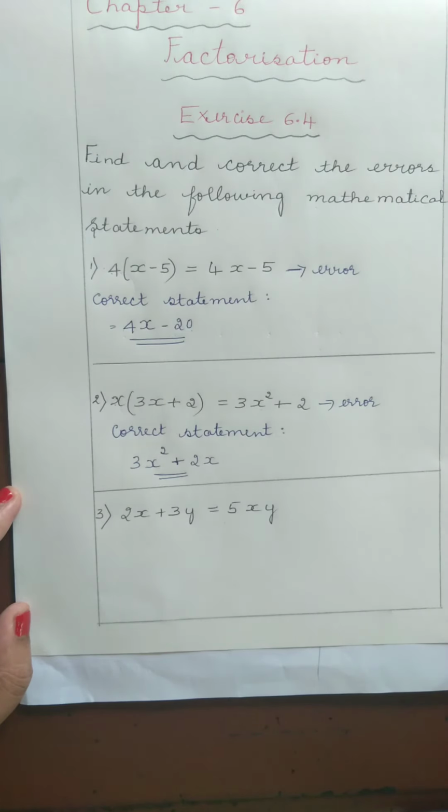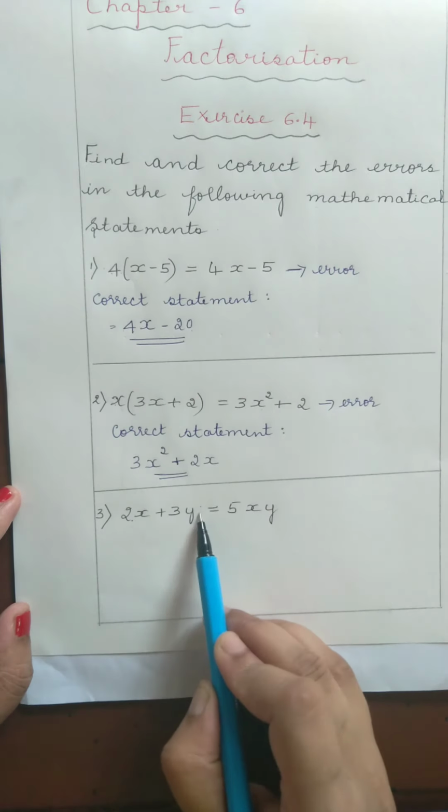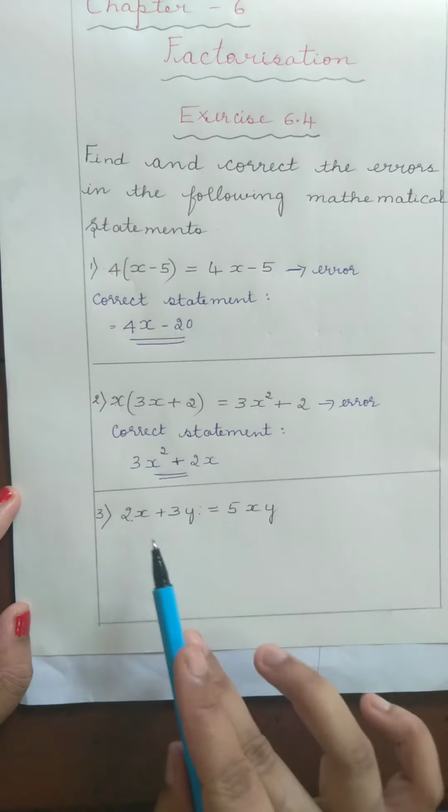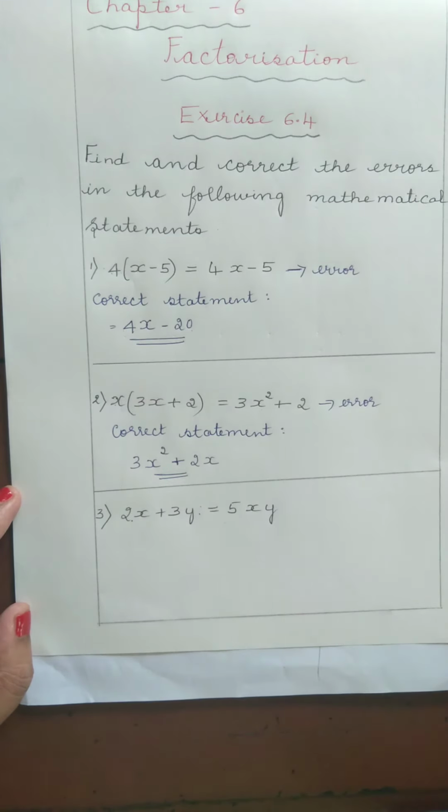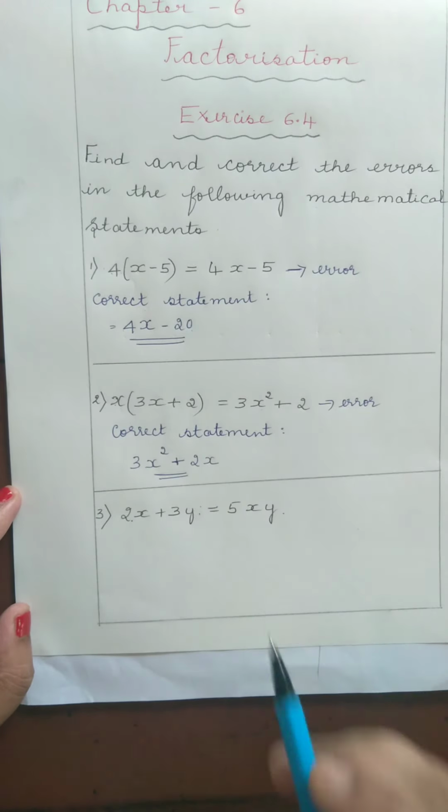But you cannot add two terms when they have different variables. So in this problem, the two terms 2x and 3y contain different variables. In such cases, we can't add the two terms. So the answer will be 2x plus 3y only. It is not equal to 5xy.